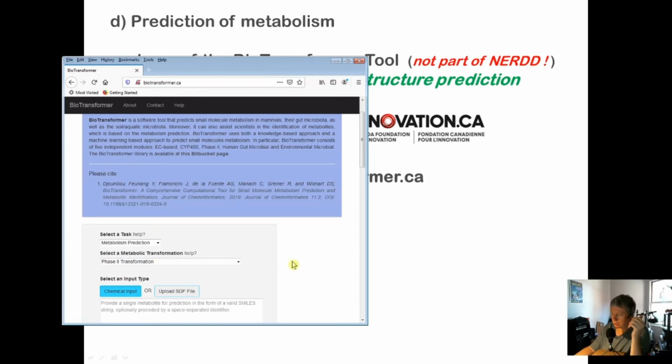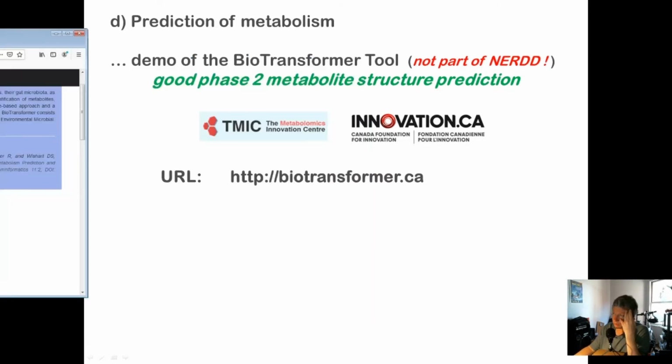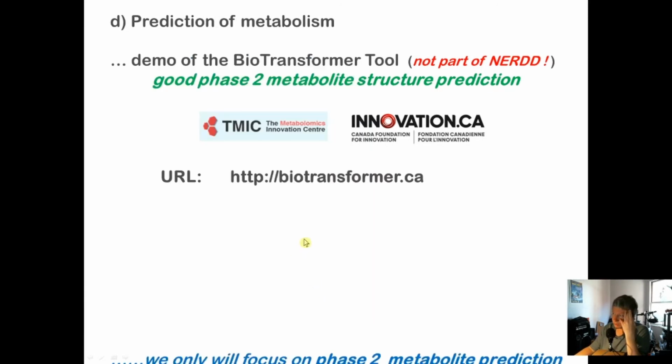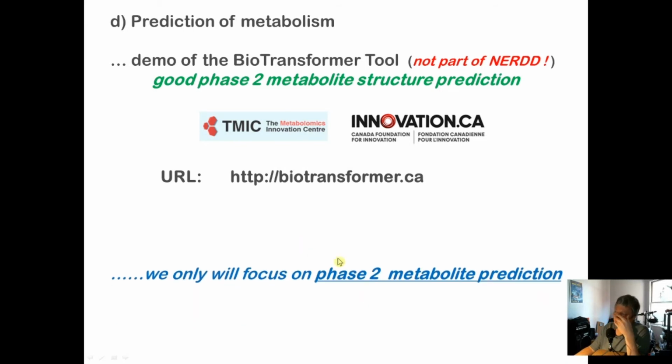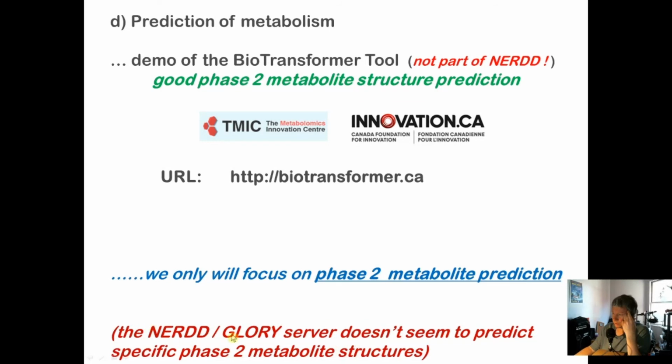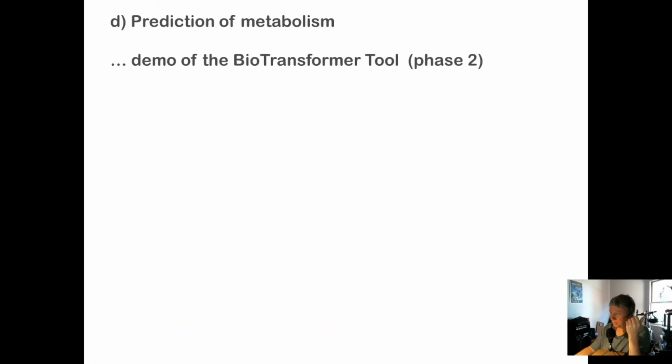So we're just going to look at phase 2 for this second. The nerd server thing works really well for phase 1, and we'll use that once we get it to work. I think probably in the evening. Okay. All right. So let's look at some phase 2 metabolite prediction. And Nerd Glory doesn't seem to predict phase 2 metabolite structures too well in my experimentation.